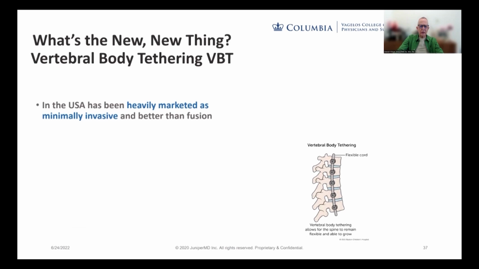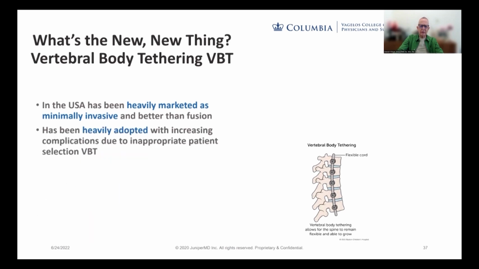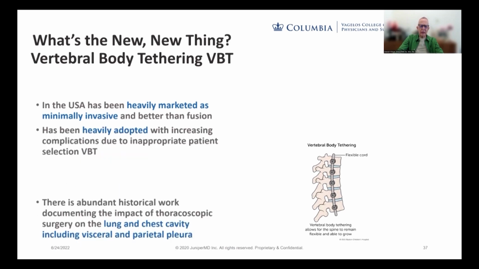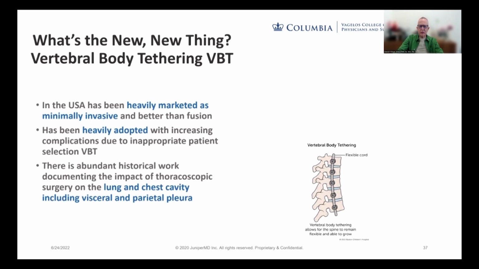It's been heavily marketed as minimally invasive and better than fusion. It's been heavily adopted with increasing complications because of poor patient selection. But keep in mind that the lung and chest cavity have to be penetrated, operated through to get to the spine.